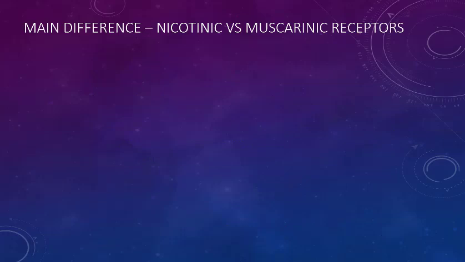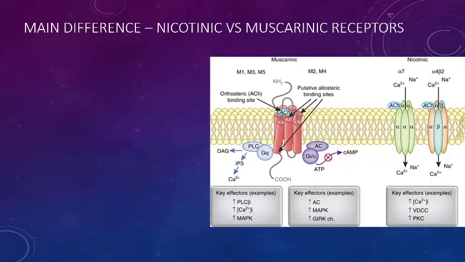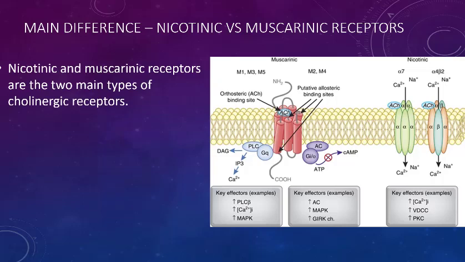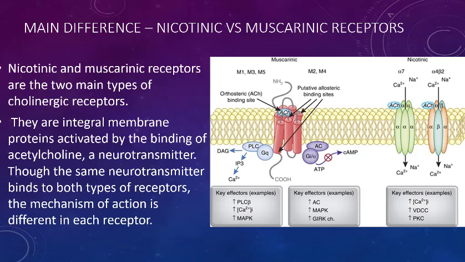Main difference between nicotinic versus muscarinic receptor. Nicotinic and muscarinic receptors are the two main types of cholinergic receptor. They are integral membrane proteins activated by the binding of acetylcholine, a neurotransmitter.